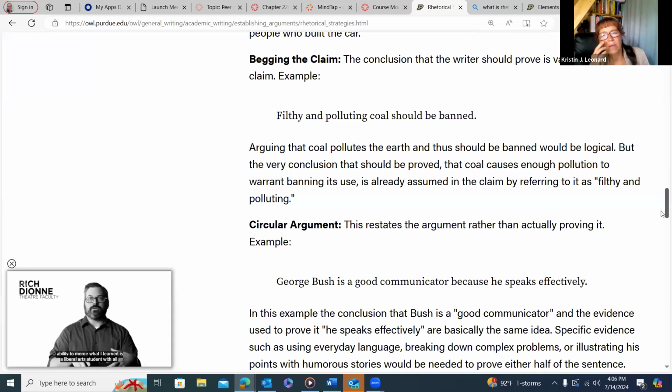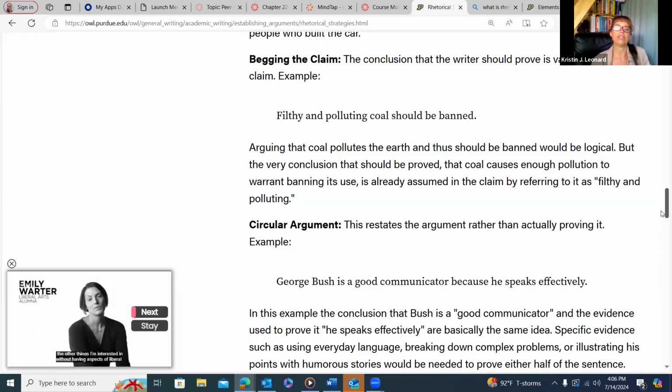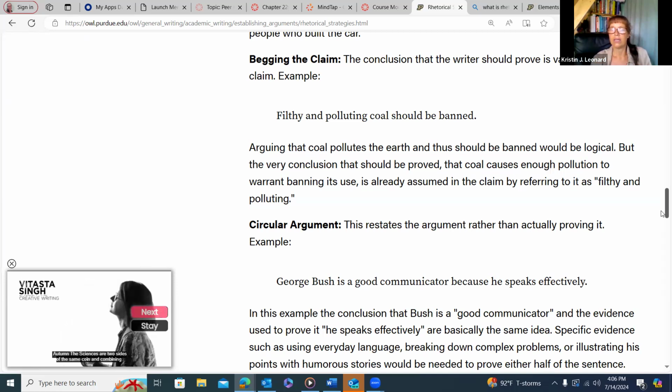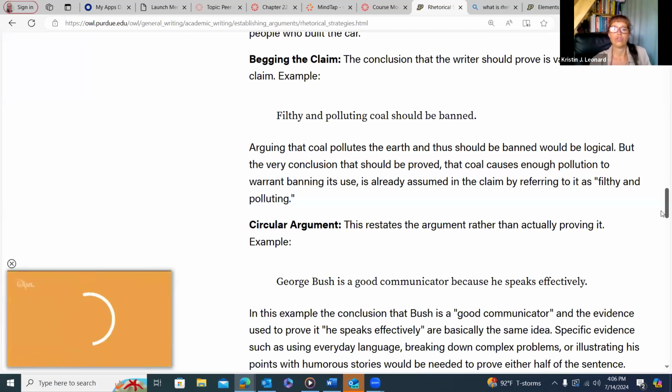So you're basically just repeating that. Filthy and polluting coal should be banned, because you're trying to prove that it's filthy and polluting. So you don't need to put it in there as well. Just simply say coal should be banned, okay?